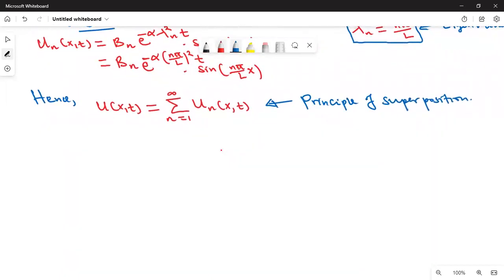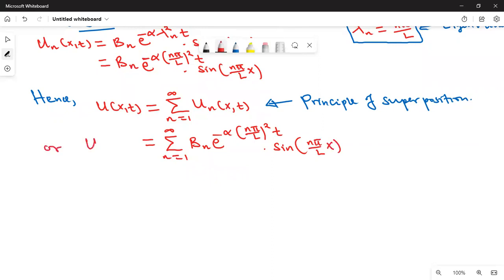So this can now be written as the sum from n equals 1 to infinity of b subscript n, exponential negative alpha times n pi over L, this is squared, t, times sine n pi over L x. Remember, on the left we have u of x,t.